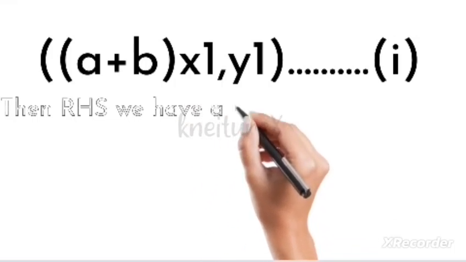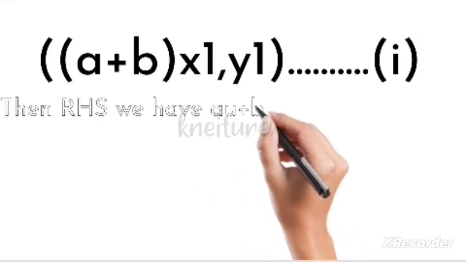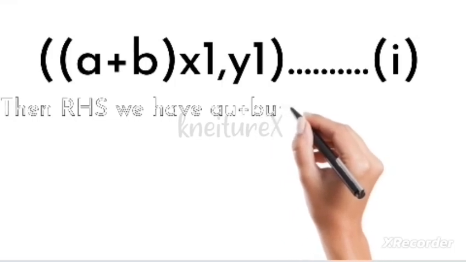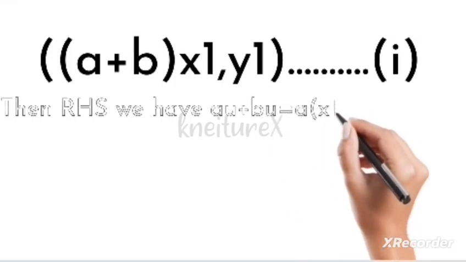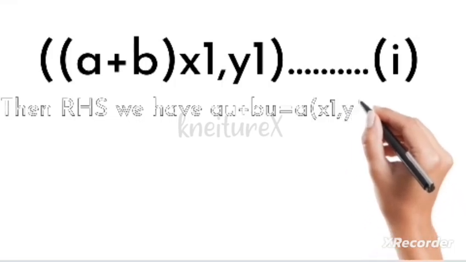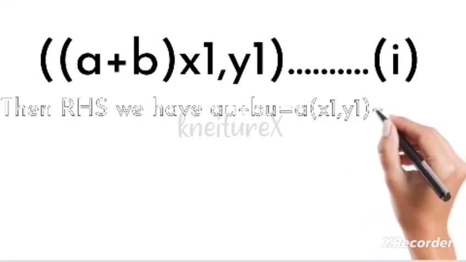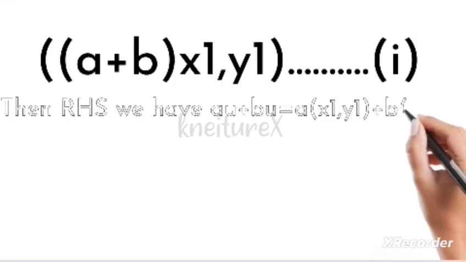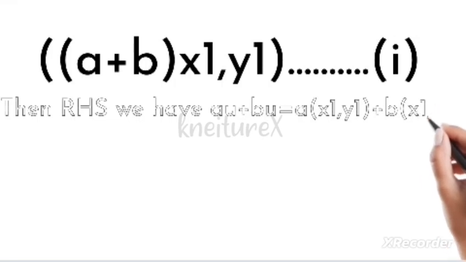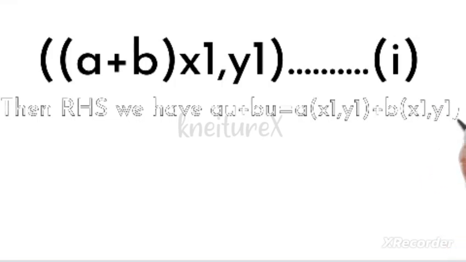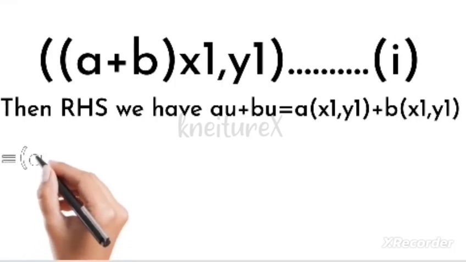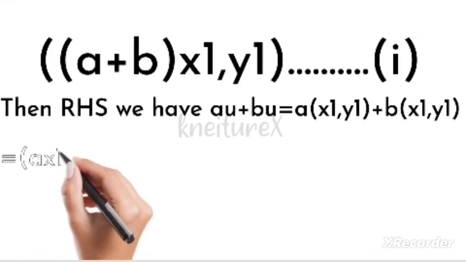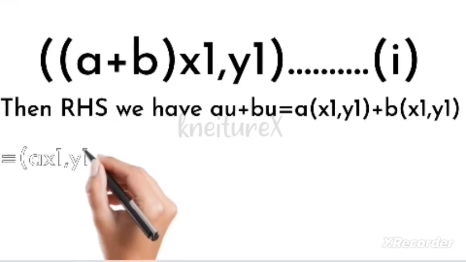So on our left hand side, we have (a plus b)(x1, y1) as our equation 1. Now let's go to the right side to see if we have exactly the same thing. Going to our right side, we have au plus bu, and we know u is (x1, y1). So we have a(x1, y1). Also, we still have to follow the scalar rule.